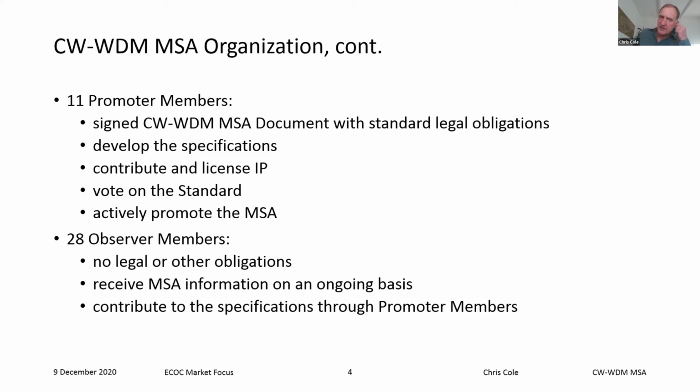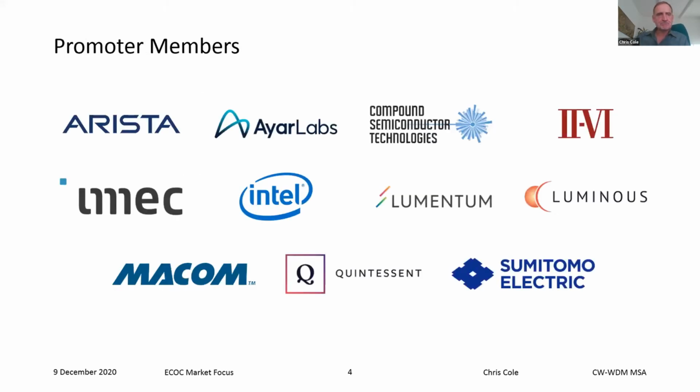So the observer members, they don't get to vote. They don't get access to the NDA material, but we do keep them informed on an ongoing basis so that at some period after the MSA discusses that, we make information available. And then they also get to comment and review through promoter members. And that seems to be working reasonably well.